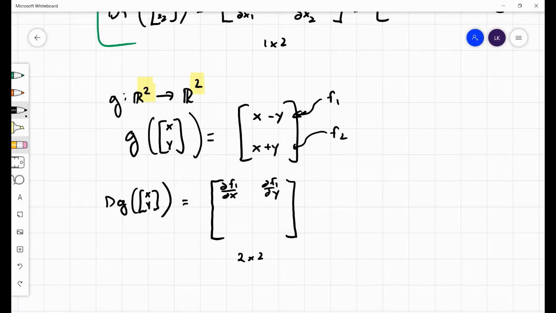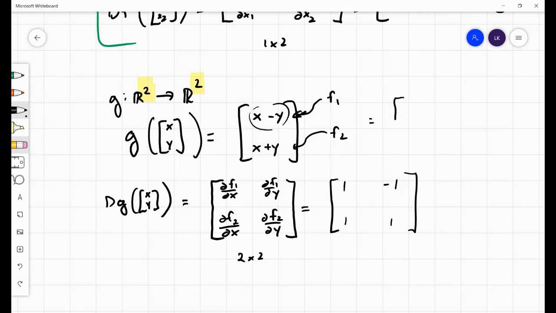And then we differentiate the second component, f2, with respect to x and y again. So it's not surprising that this derivative is a constant matrix because this is a linear transformation. And the derivative of a linear transformation is just the transformation itself. It's kind of like y equals 5x. The derivative of y with respect to x is just the 5 itself.